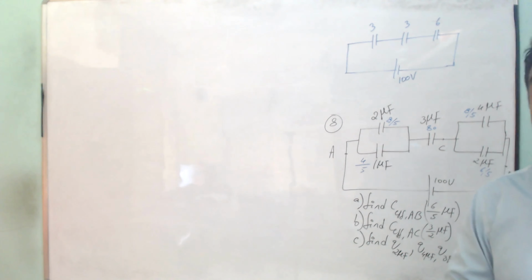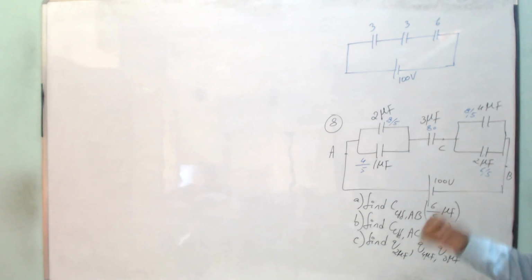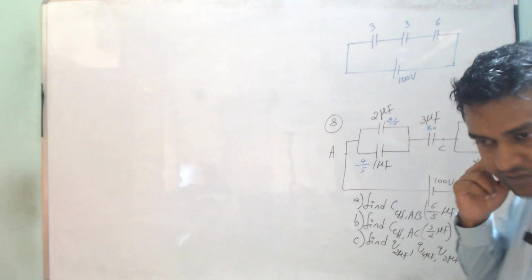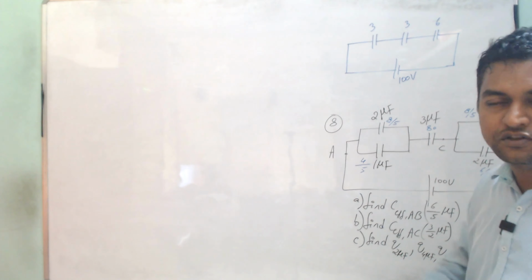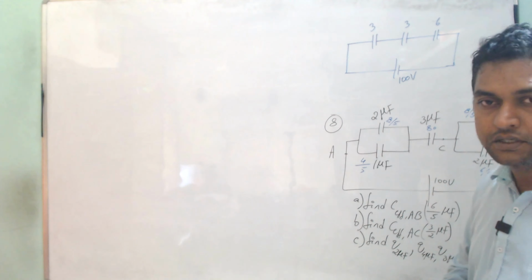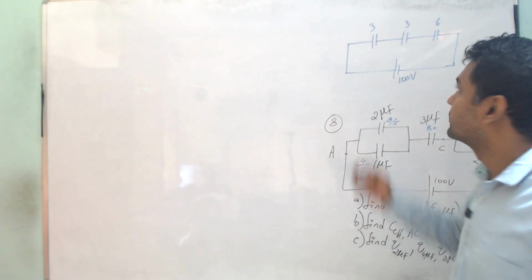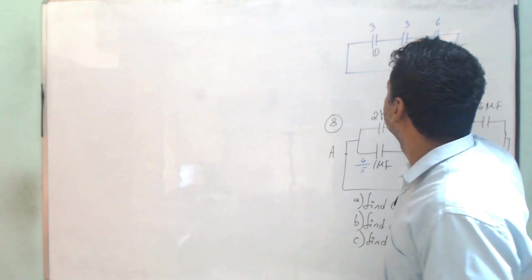We know for series Q is constant, or Q is same basically. So basically we are saying product of C into V is constant. Therefore V is inversely proportional to C. So let us take this as 1, 2, 3.